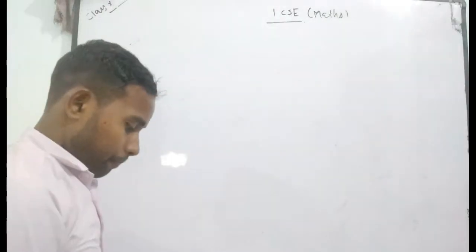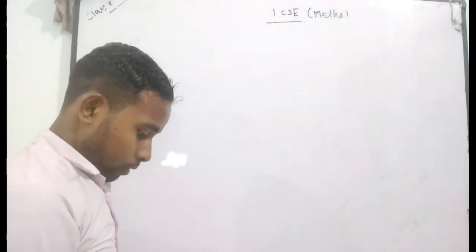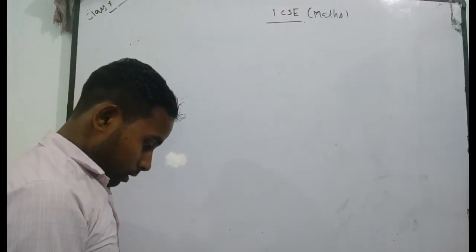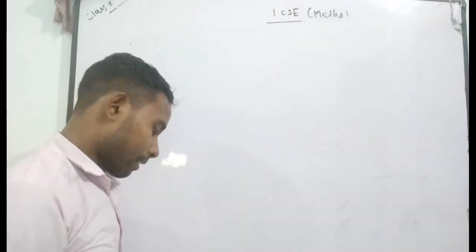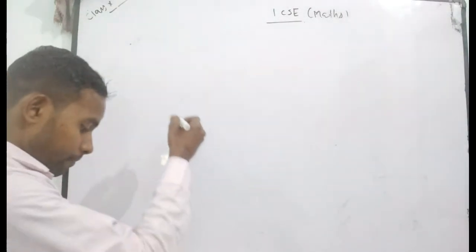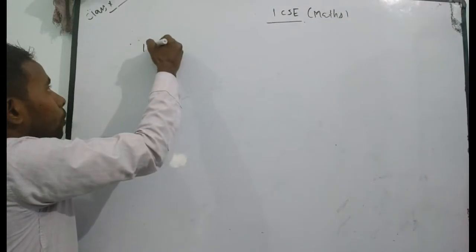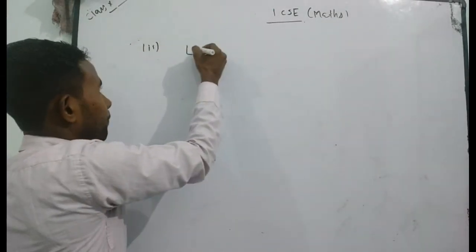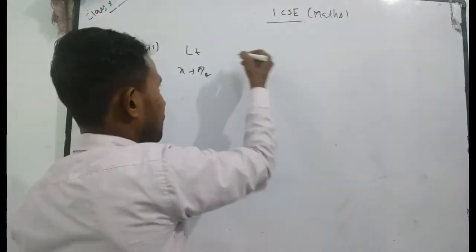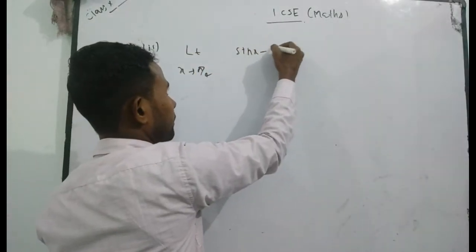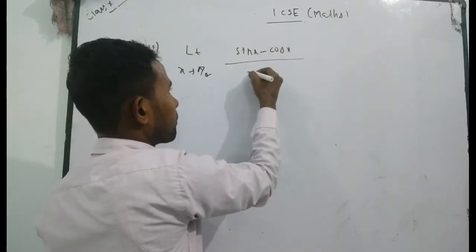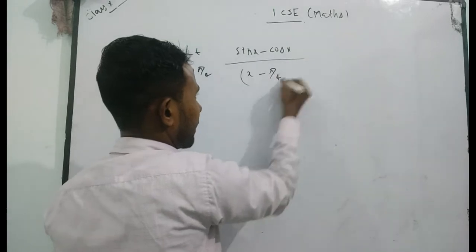Next problem, see it again, which will be the 23rd: limit x tends to pi by 4 of (sin x minus cos x) divided by (x minus pi by 4).